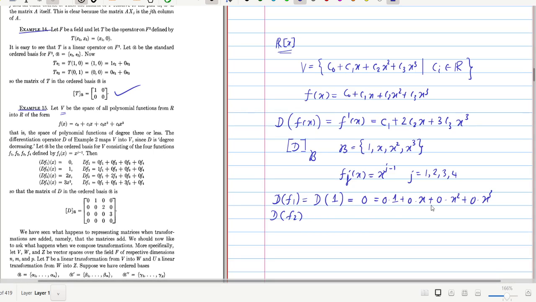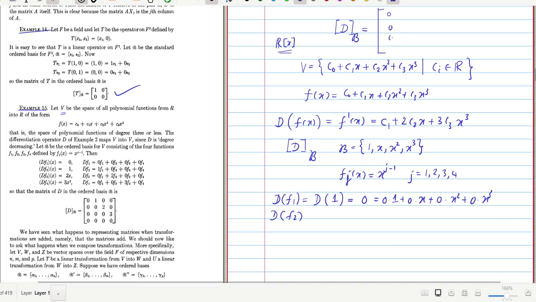So this will constitute the first column of the matrix of D. I write the matrix of D here, the matrix of D relative to the basis B. The first column can be written as 0, 0, 0, 0 using these coefficients.